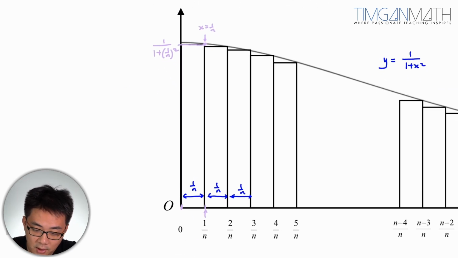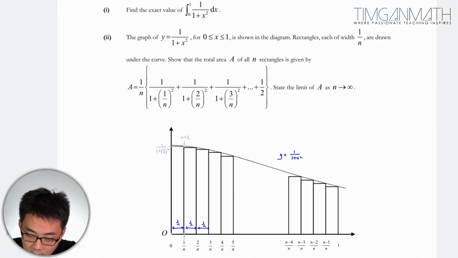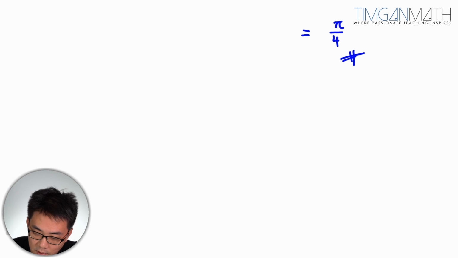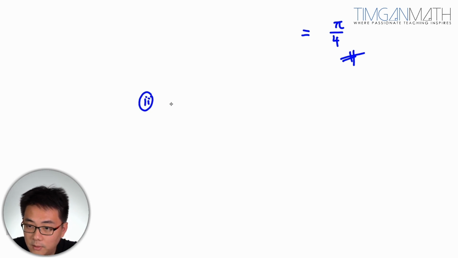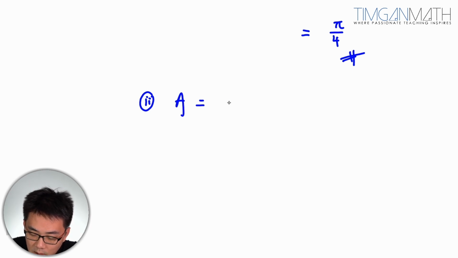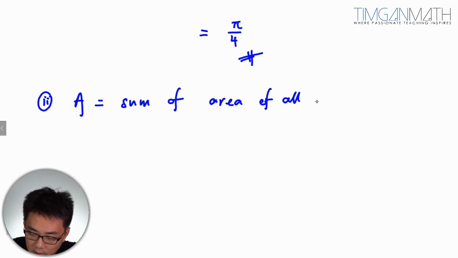So let me just write it down. Hence for part 2, what you need to write down is the total area A, the sum of the areas of all rectangles, right?